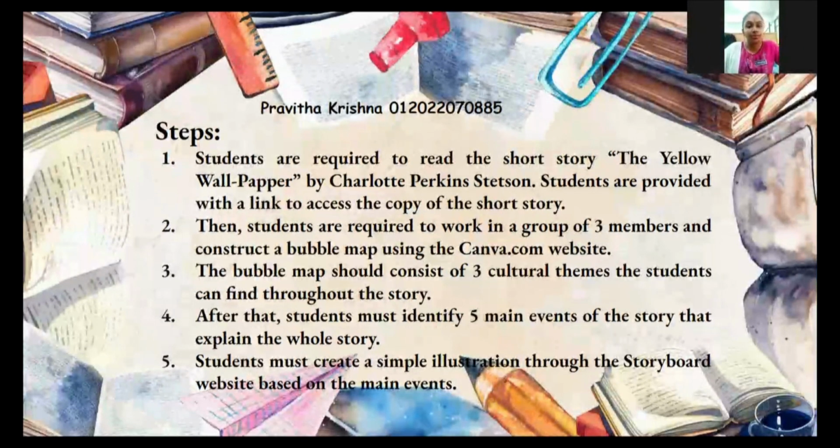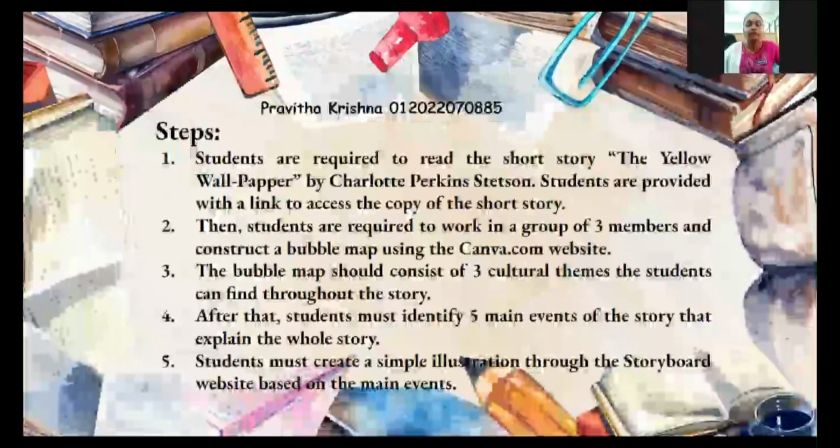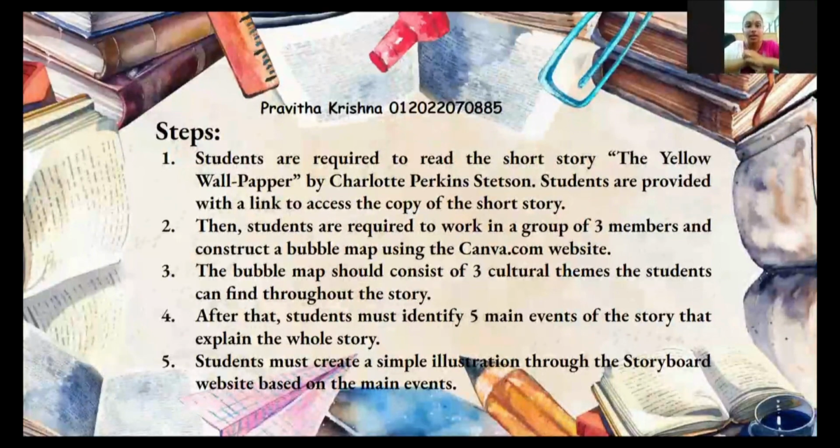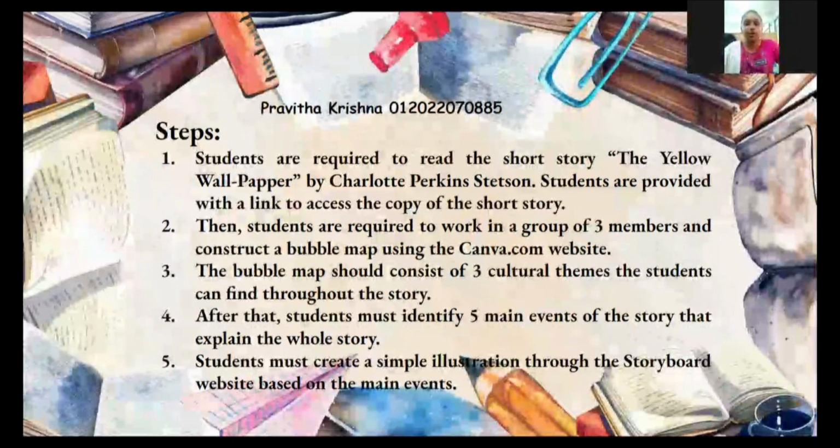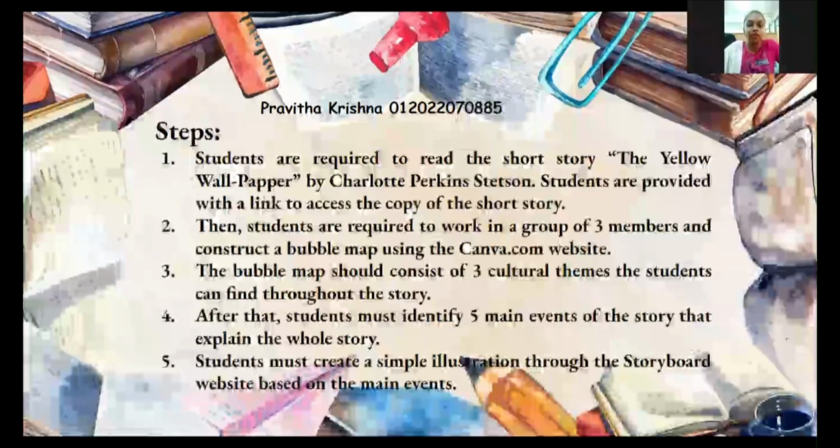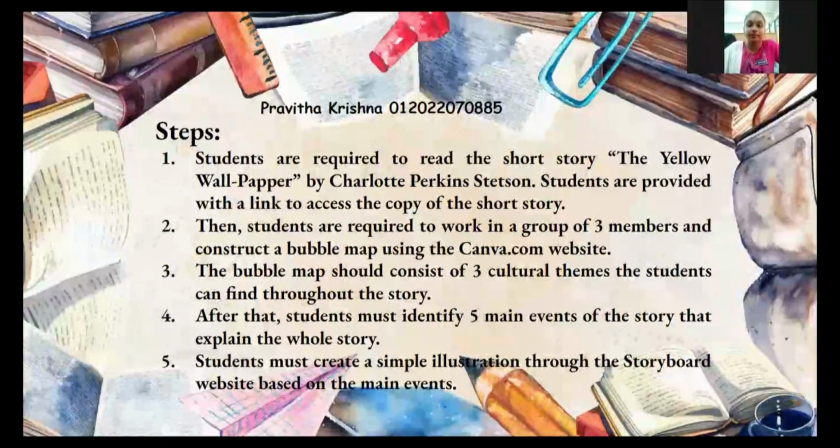After the students have read the short story, the teacher will briefly explain the plot and the ending of the story. The teacher may then carry out a question and answer session with the students to check their understanding.